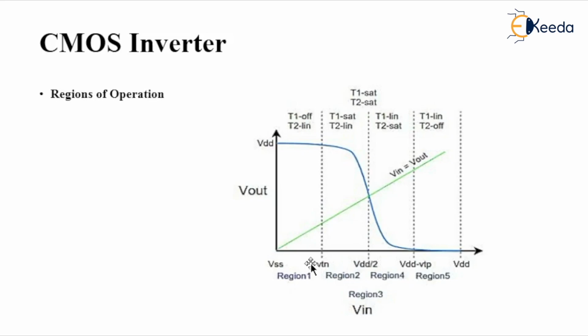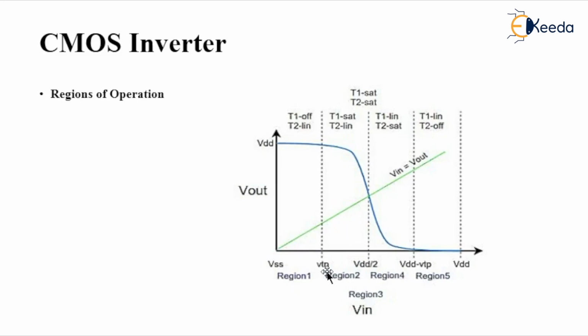So between 0 and the threshold voltage is region 1. Between 0, VSS is nothing but 0, don't get confused. The region 0 to VTN is region 1, where VTN implies the NMOS threshold voltage. When the input exceeds the NMOS threshold voltage, the NMOS transistor will be turned on.